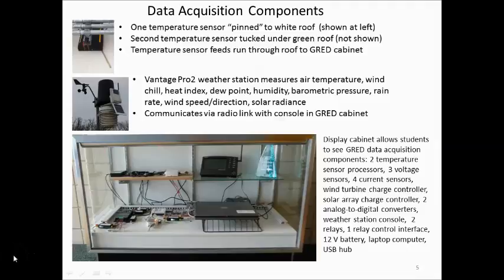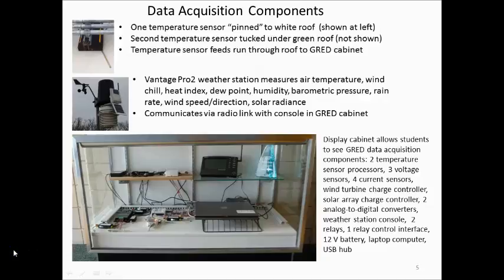The GRED data is derived from sensor measurements. One of the rooftop temperature sensors is pinned to the white roof, shown here. The thermistor is located at the very tip of the temperature sensor. The other rooftop temperature sensor is tucked underneath the green roof.